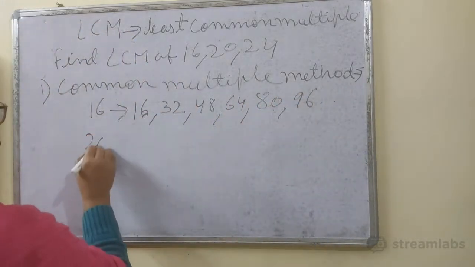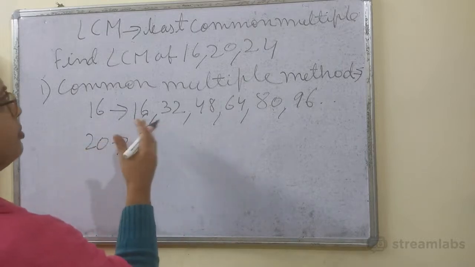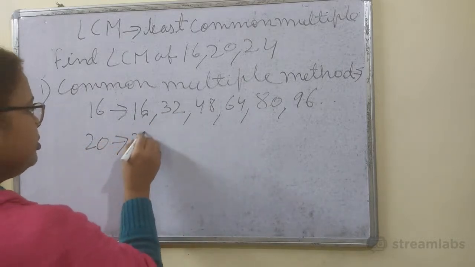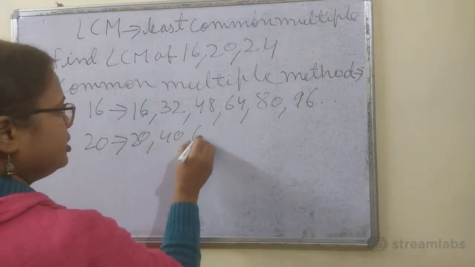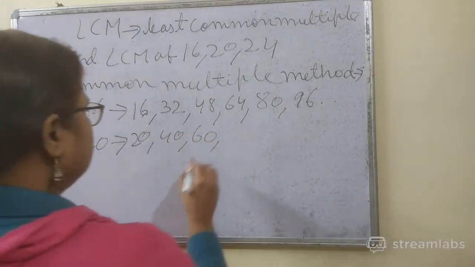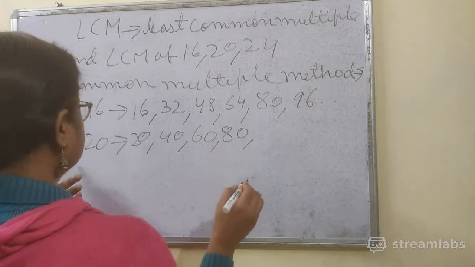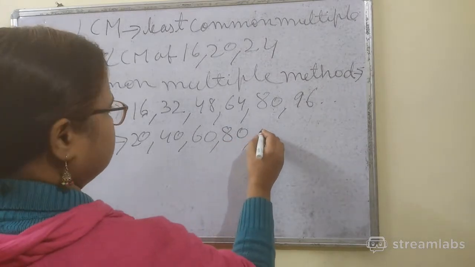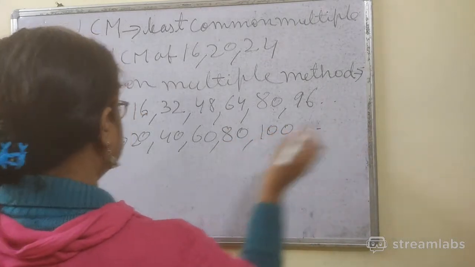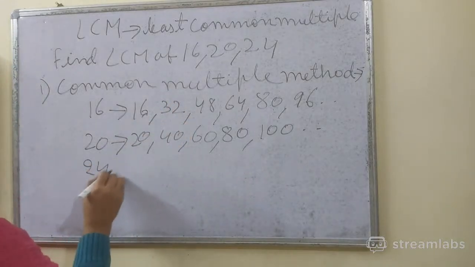Then 20. So multiples of 20: 20, 40, 60, then 80, and then 100, like this. Then the multiples of 24.